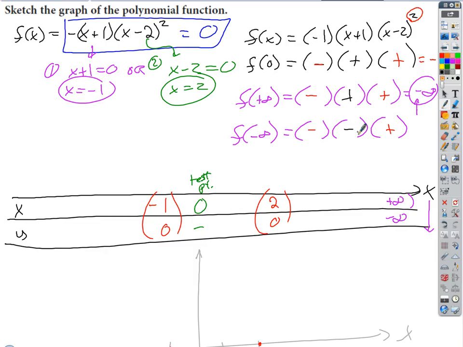So now I get negative times positive equals what? Positive, because I have an even number of negatives being multiplied. So I get positive infinity out here at the left end behavior. When x goes to negative infinity, y goes to positive infinity. So that tells me that the left end behavior is up.